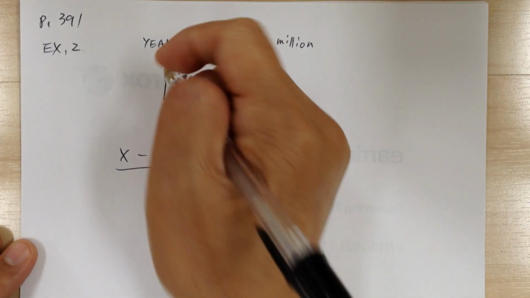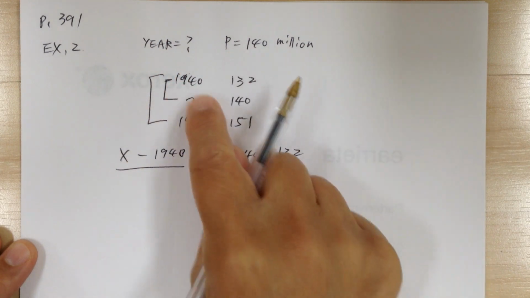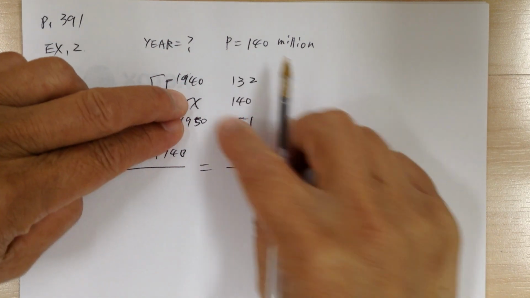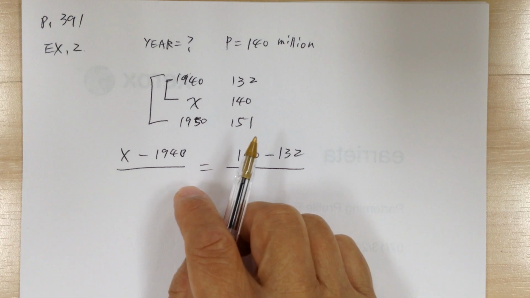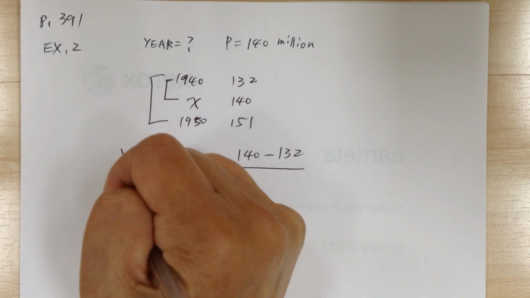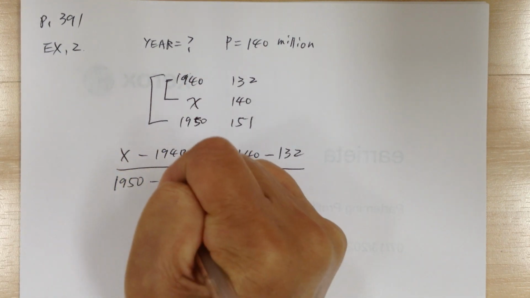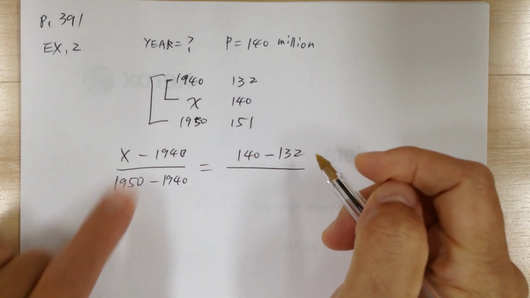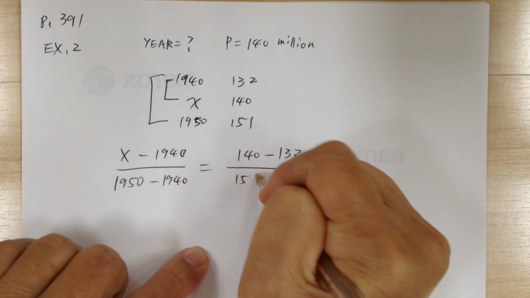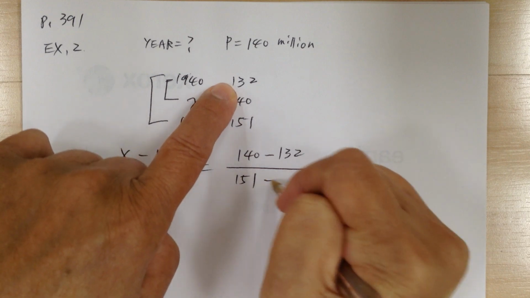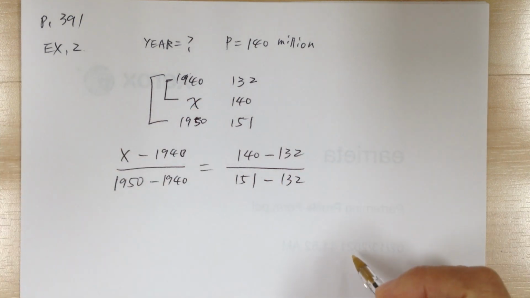Next I'm going to use this pair. I don't want to use x here, because that can be very messy. So I'm going to get 1950 minus 1940, where 1950 matches with 151 and 1940 matches with 132. That's your equation.